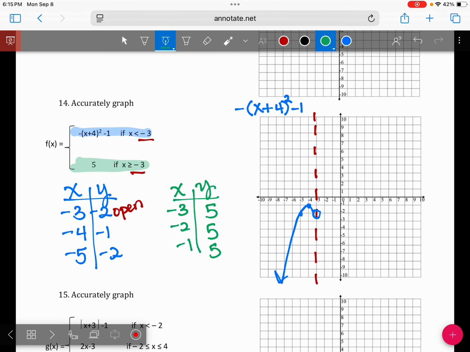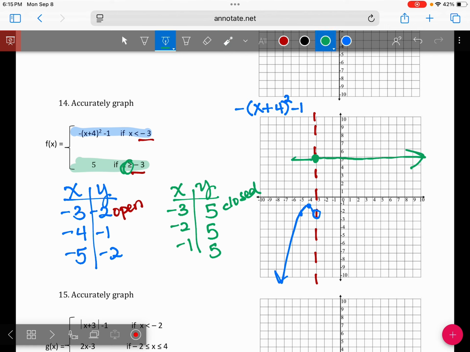Now, this first point is actually equal to, so I can make a closed point here, and then just draw a ray going to the right. The main thing to keep in mind: don't add arrows.